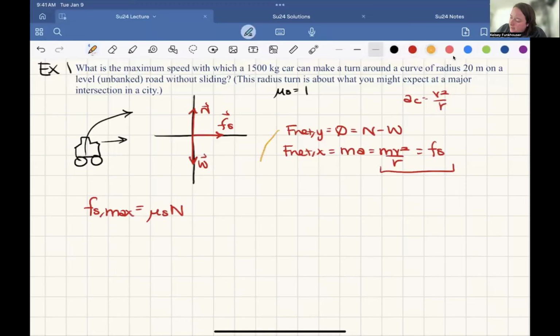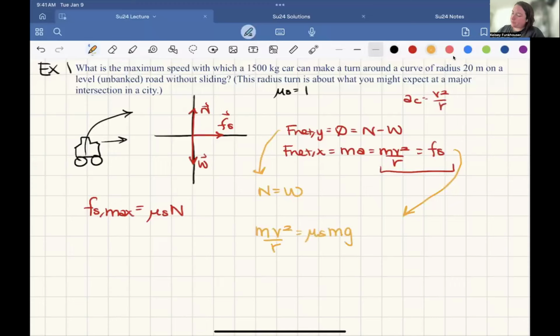And we can take this equation and add the weight to both sides, and we get that the normal force is just equal to the weight. So then let's take this equation and plug in the normal force: mv squared over r equals the static friction force, which is the coefficient of static friction times the weight, or mg.